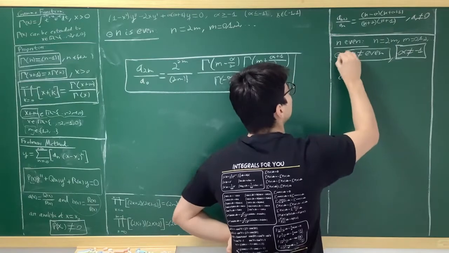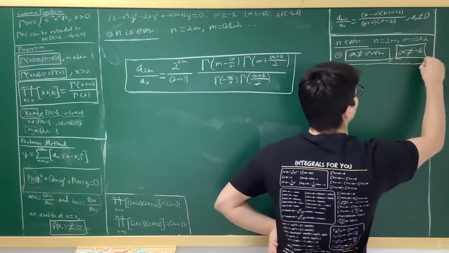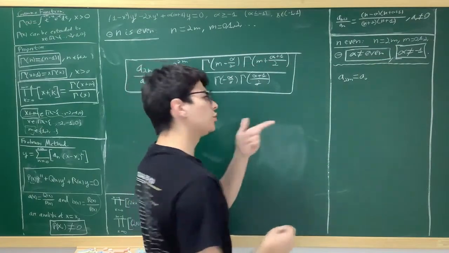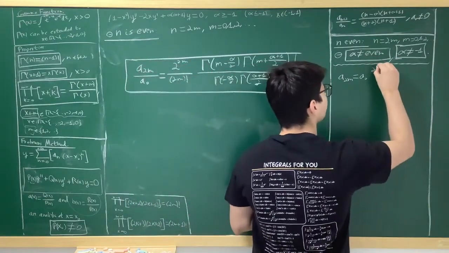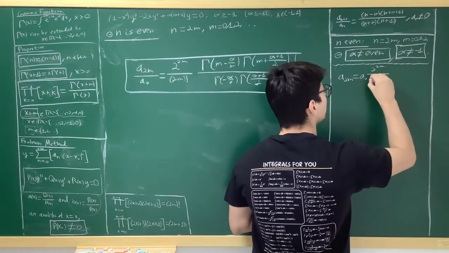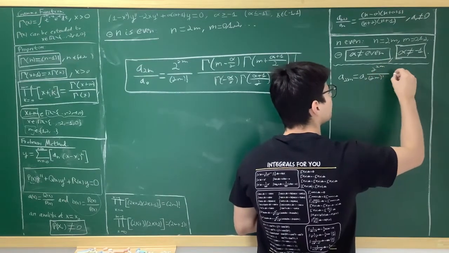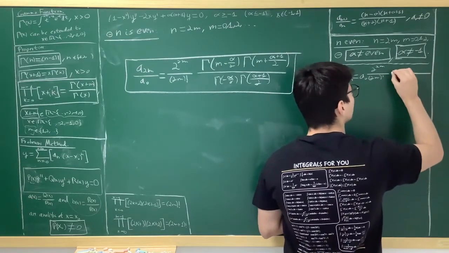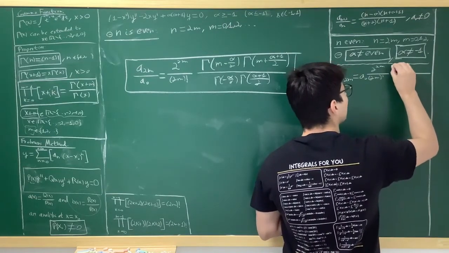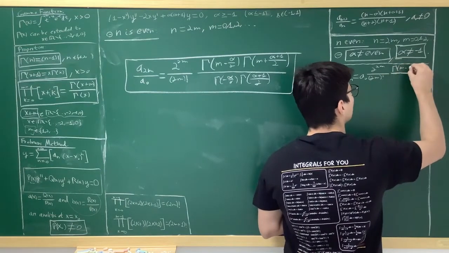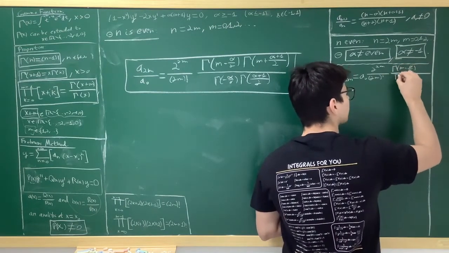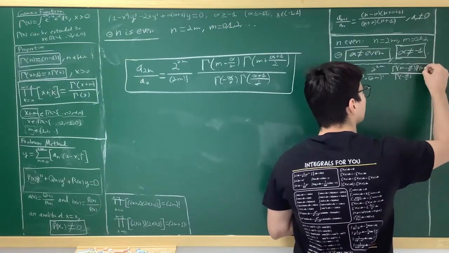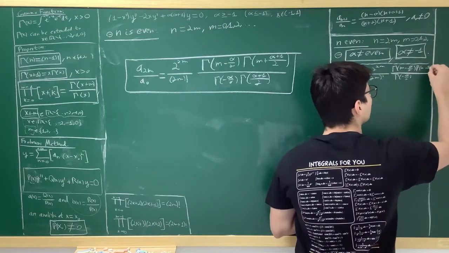well, let me just write this here because this is like inside a condition. a naught times 2 to the 2m, m over 2m factorial, over these gamma function terms. Okay, so it is gamma of m minus alpha over 2 and gamma of m plus alpha plus 1 over 2.